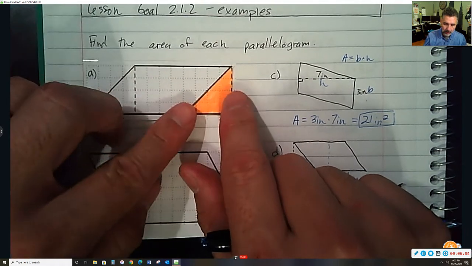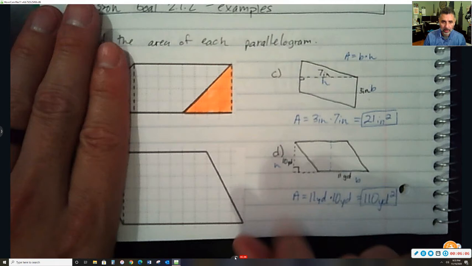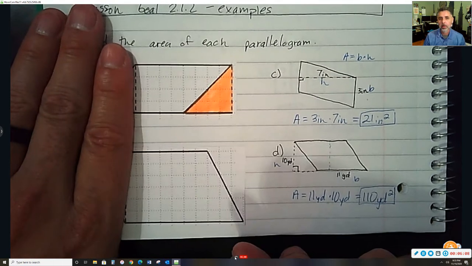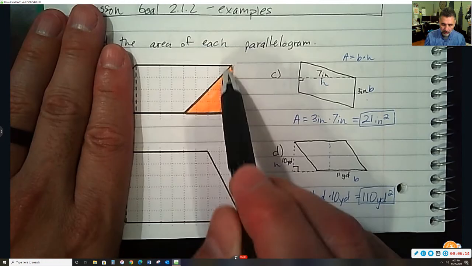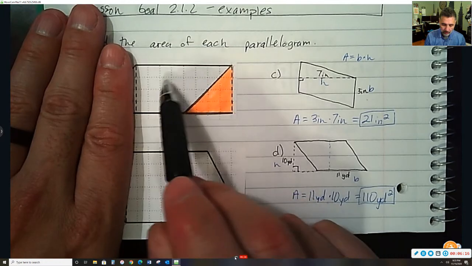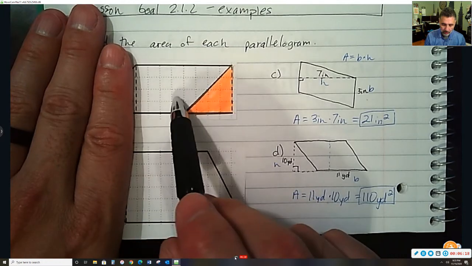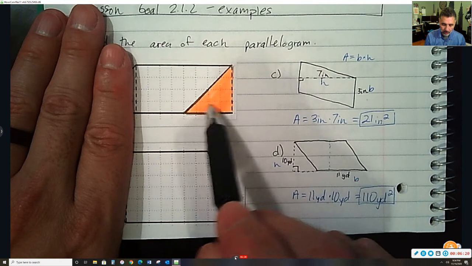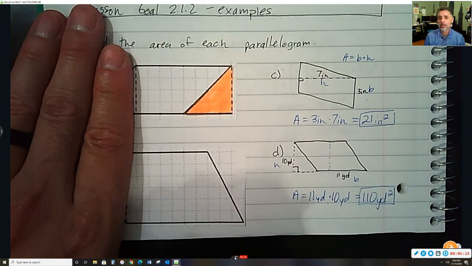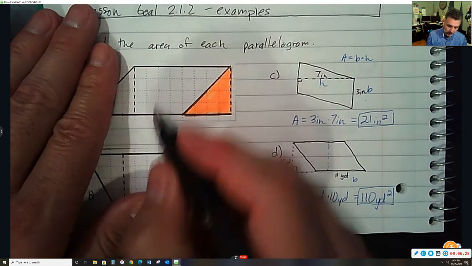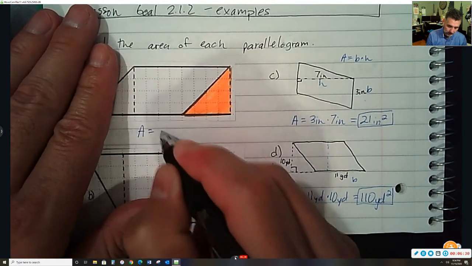If we did that, now our shape is pretty much a rectangle, and then there's 1, 2, 3, 4, 5, 6, 7, 8, 9, 10, 11, 12, 13, 14, 15, 16, 17, 18, 19, 20, 21, 22, 23, 24, 25, 26, 27, 28, 29, 30, 31, 32. There's 32 squares there. Okay, so that's what the area is. The area is 32.